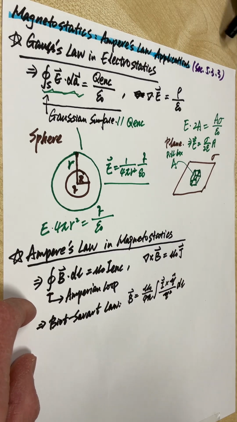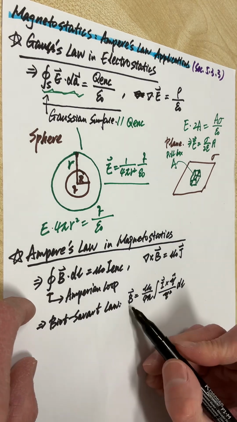Let me have a check. This should be all right. Yes. So this is the B field.